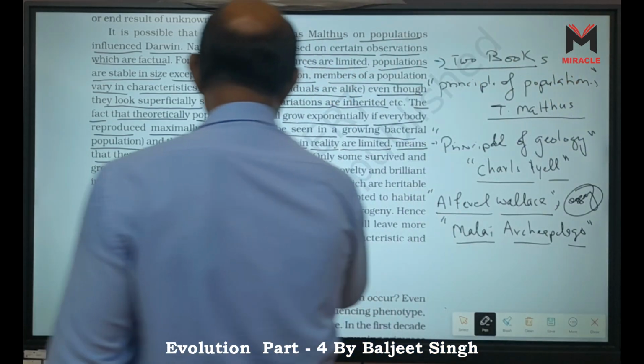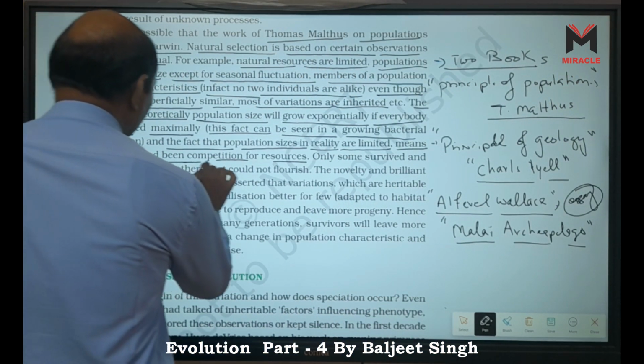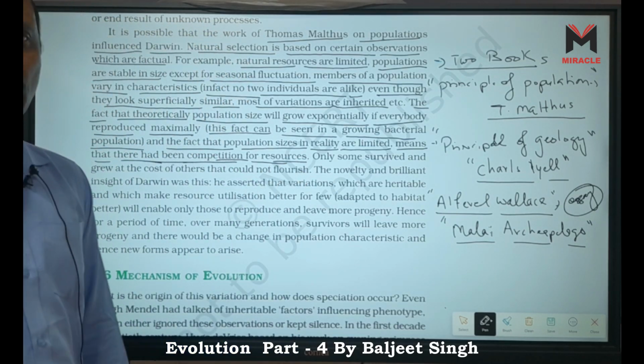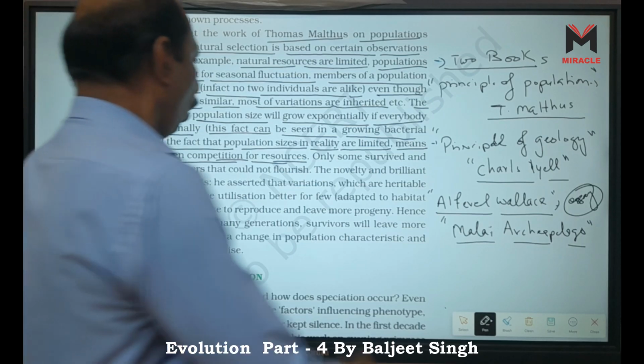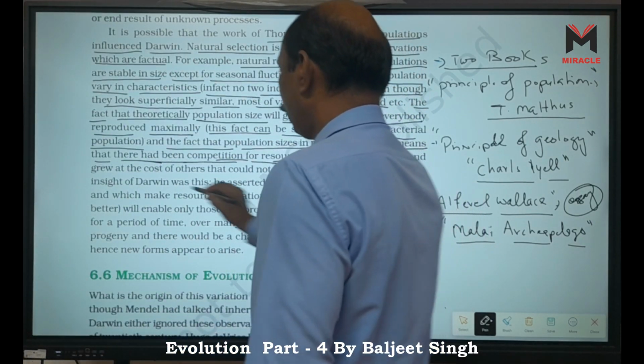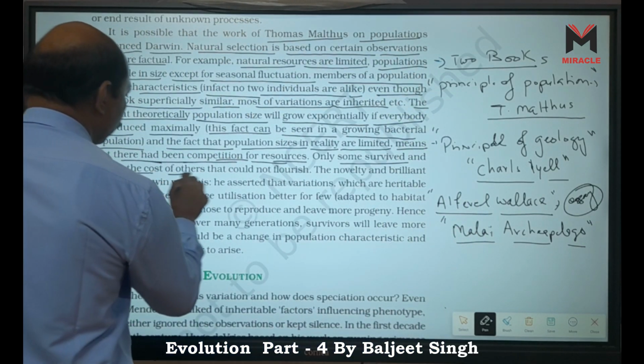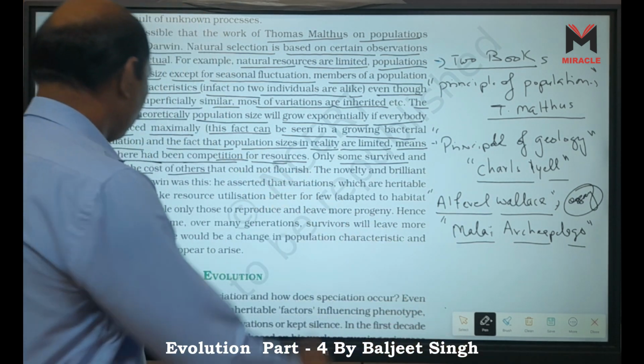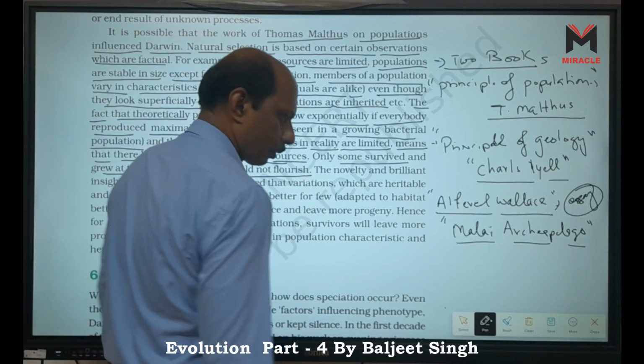That is given here: there has been competition for resources. Competition means struggle for existence. Only some survived and grew at the cost of others. Who survived? Those who killed the others, while the rest could not flourish.